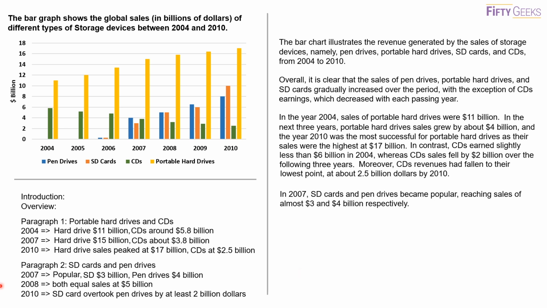Then in 2008, both had equal sales at $5 billion. I will write, then the next year, the revenue of both was similar at $5 billion. Finally, SD cards overtook pen drives by at least $2 billion.